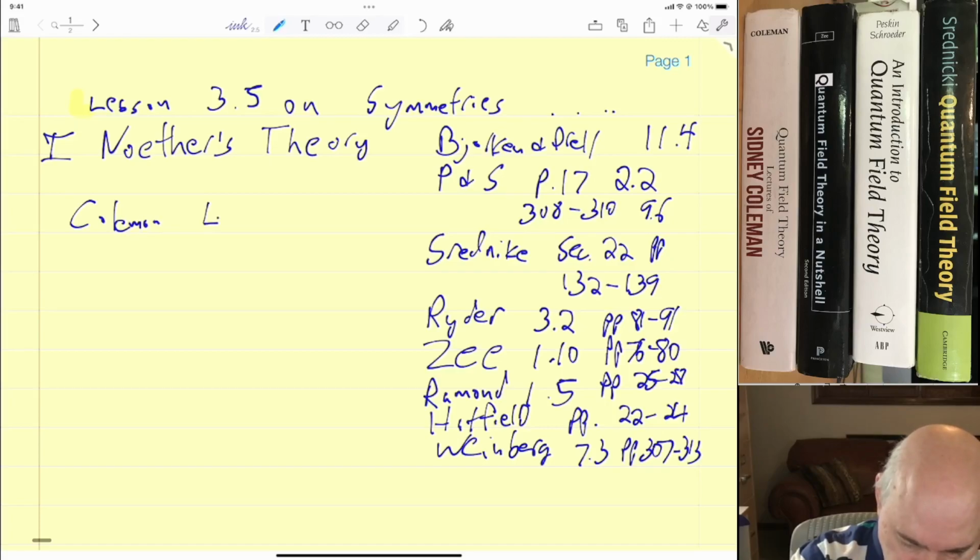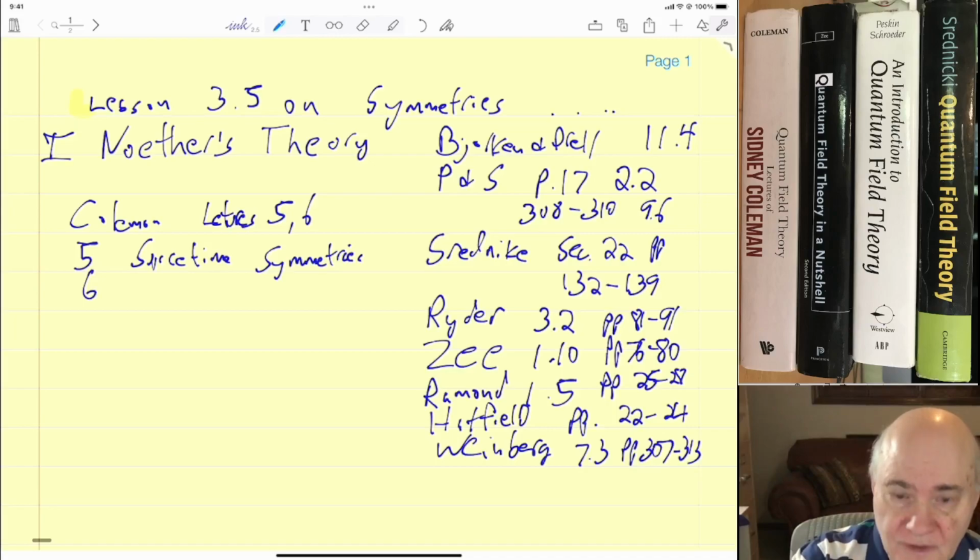He does it in lectures 5 and 6. Now in 5, he does space-time symmetries. And in 6, he does internal symmetries.